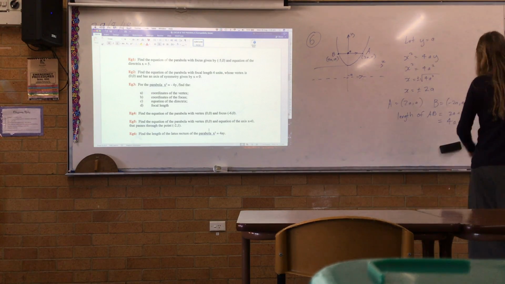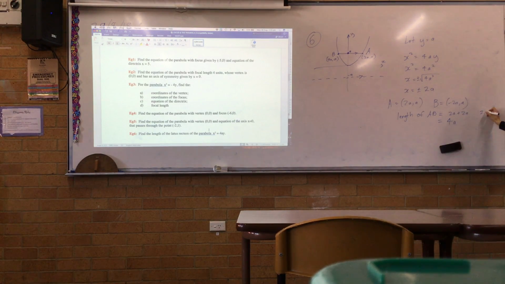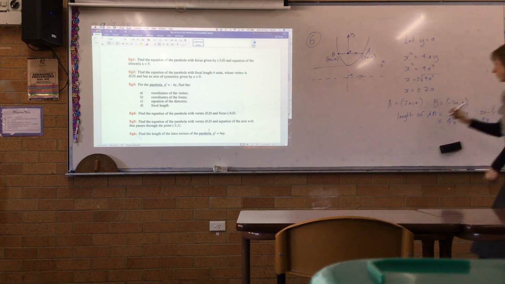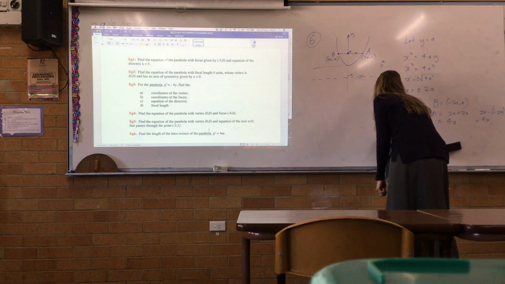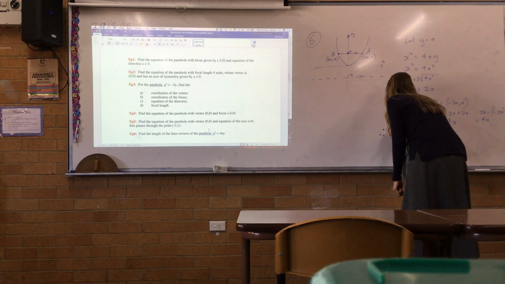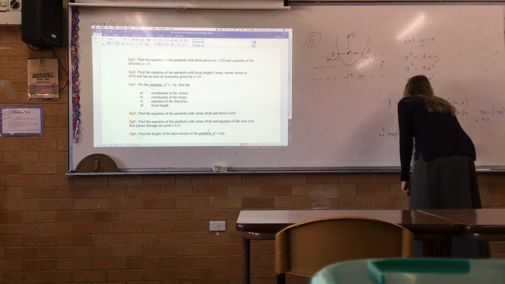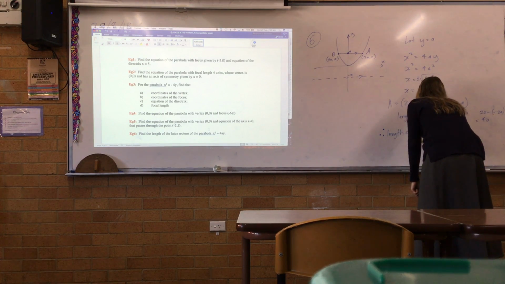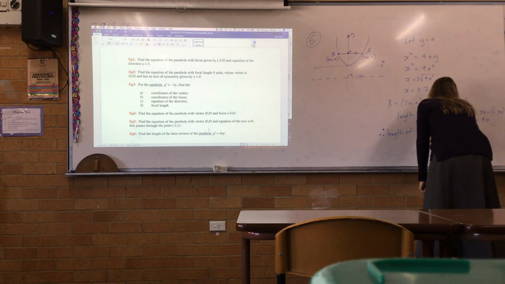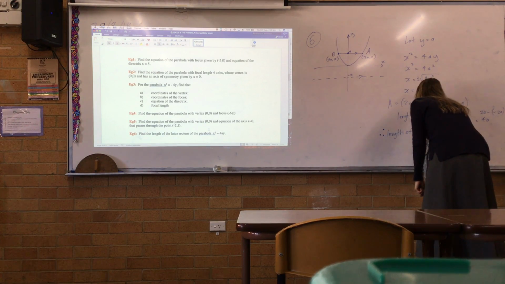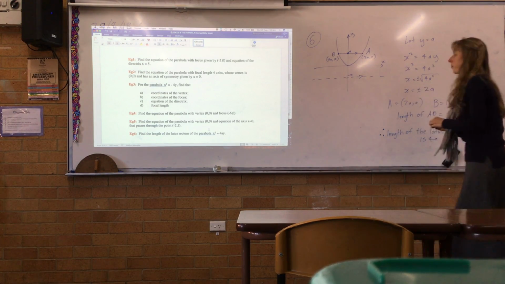Alternatively we could have done it this way if you would have rather, we could have said 2a minus negative 2a, which would have ended up to also be 4a. So in other words, the length of the latus rectum is always just 4a.